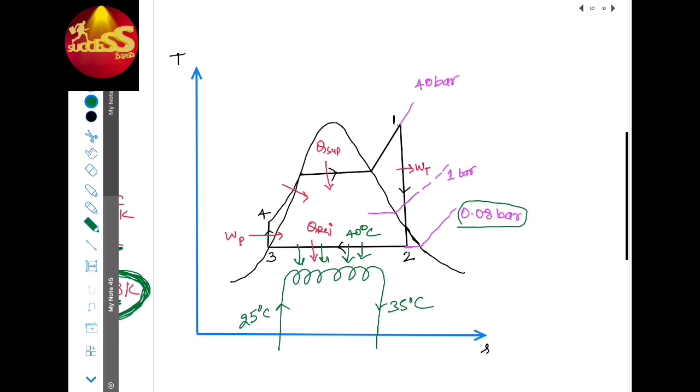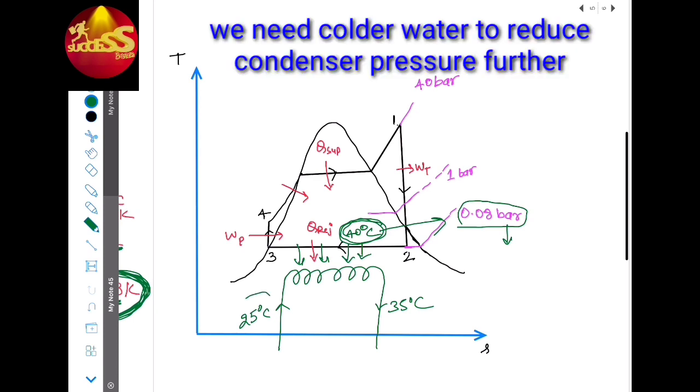So the saturation pressure corresponding to this 40 degrees Celsius comes about 0.08 bar. So now we get that to decrease this pressure below 0.08 bar, we need the circulating water to be at less than this 25 degrees Celsius. It means that we need less surrounding temperature outside the plant.